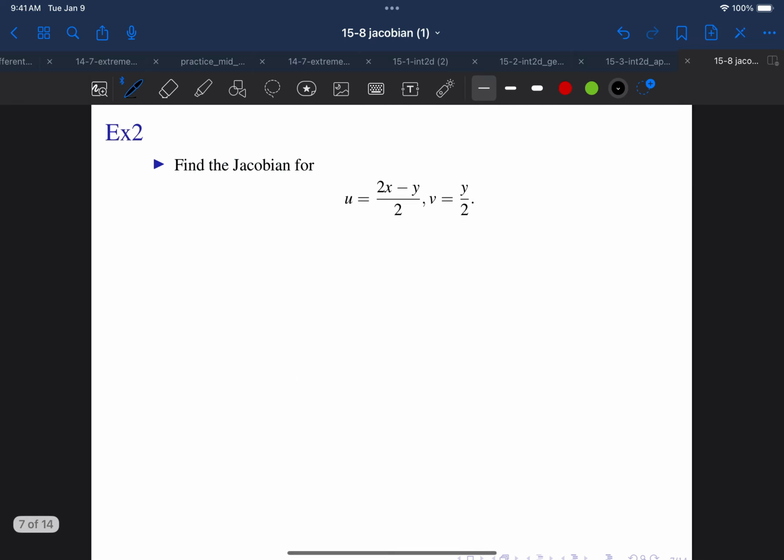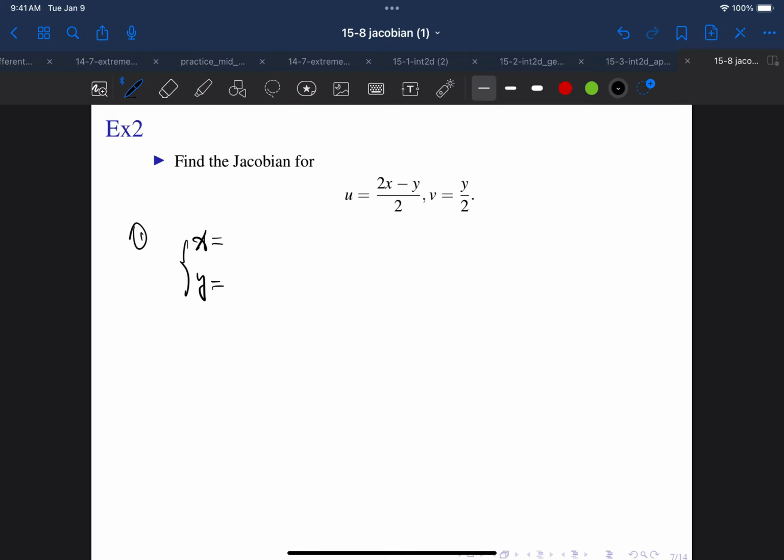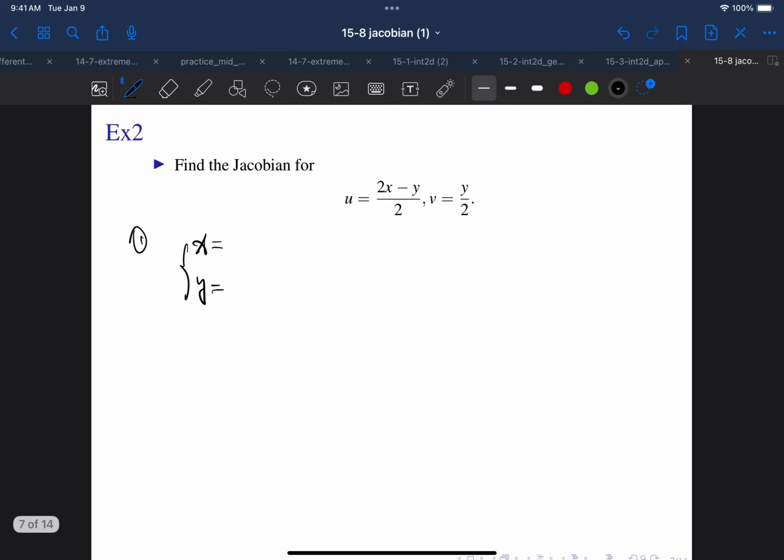All right, with this in mind, for example 2, what is the Jacobian for the recommended substitution rule? To do that, the first thing is to find what x and y are in terms of u and v.